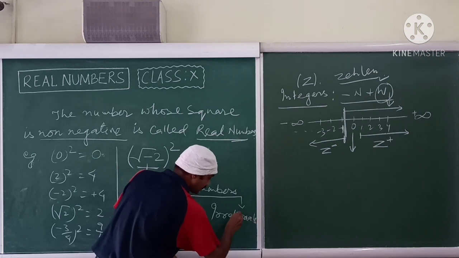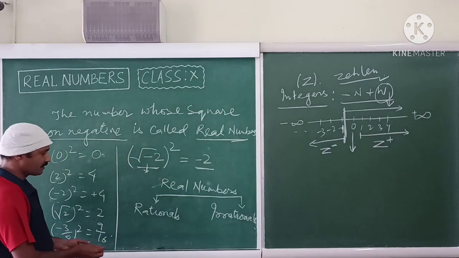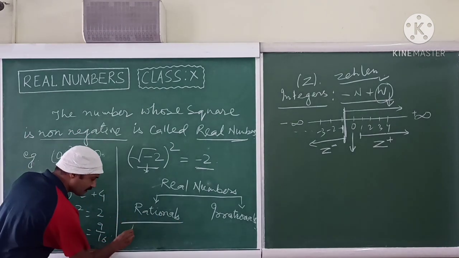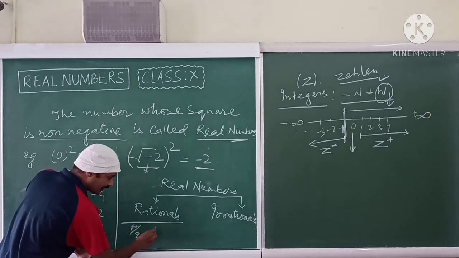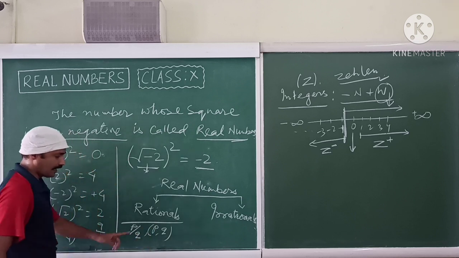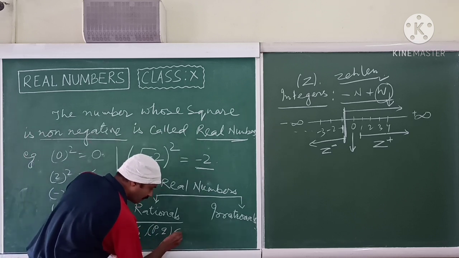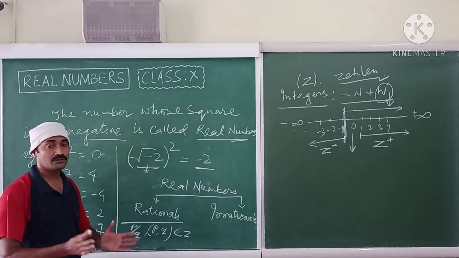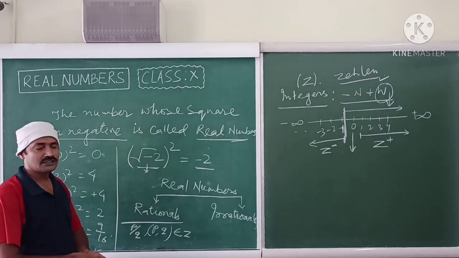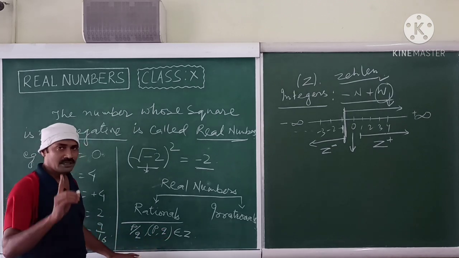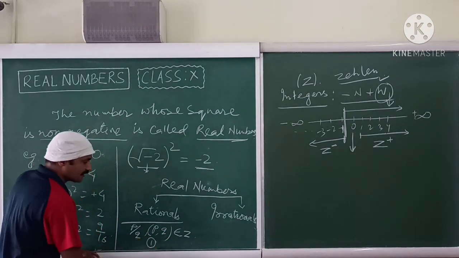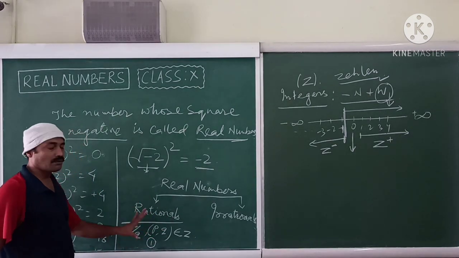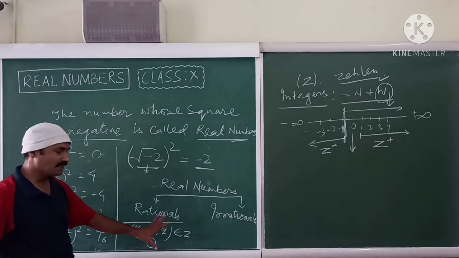For rationals, you have been studying from the start that a rational number is defined as a number in the form p by q, where p and q are integers, abbreviated as p and q belong to Z. Rational numbers are always in the simplest form, meaning p and q are co-prime, with highest common factor one.